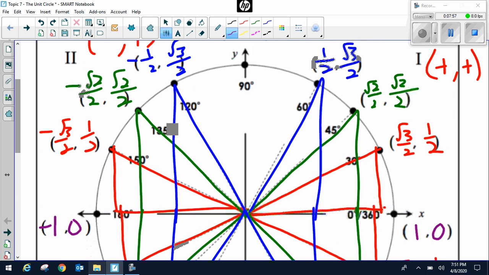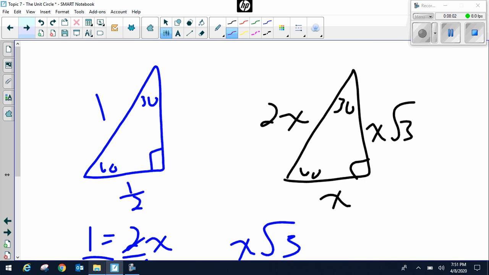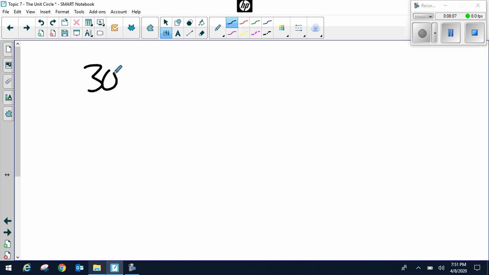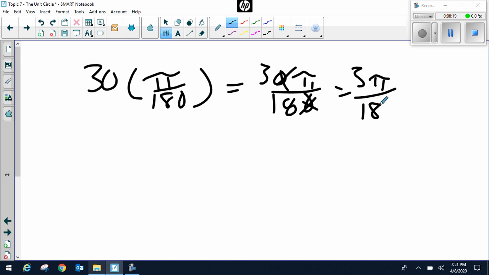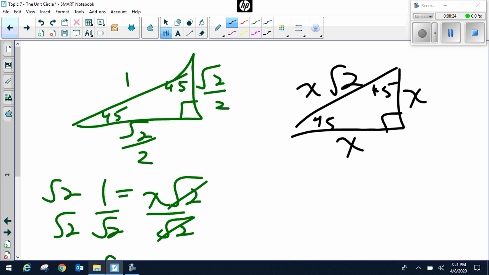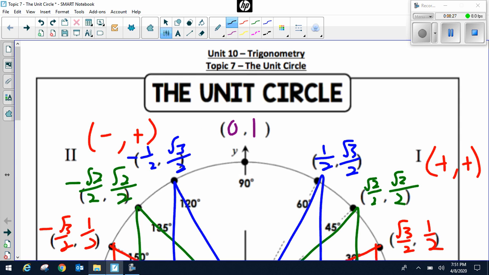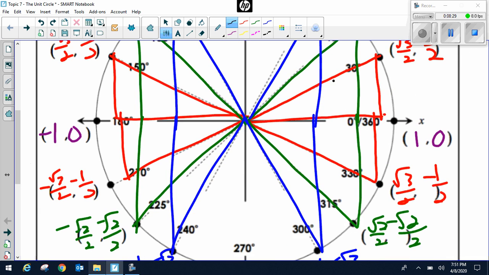Now I'm also going to provide you the radian measures, and just a quick refresher on radian measures. Let's take 30 degrees. To find the radian measure, you multiply by pi over 180. That means you get 30 pi over 180. Drop the zeros, so that's 3 pi over 18, which is pi over 6. So the radian measure of 30 degrees is pi over 6.